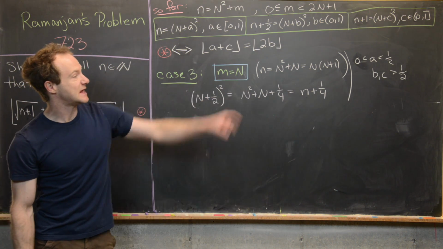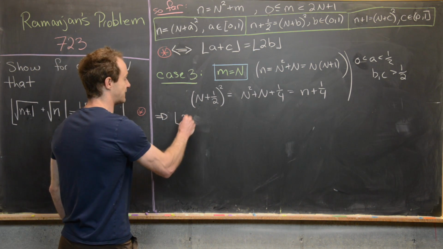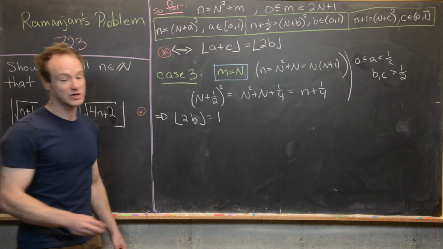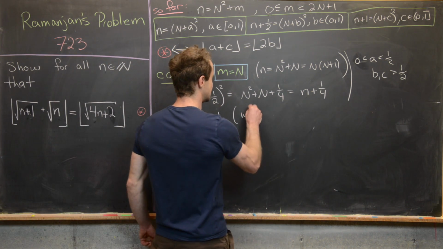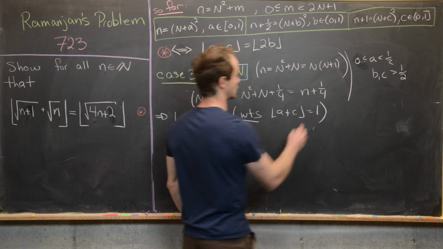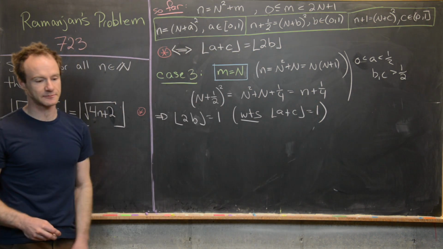Great. But if b and c are bigger than 1/2, that tells us that the floor of 2b is equal to 1, which means our goal is we want to show that the floor of a plus c is equal to 1 as well, because that'll complete this identity.